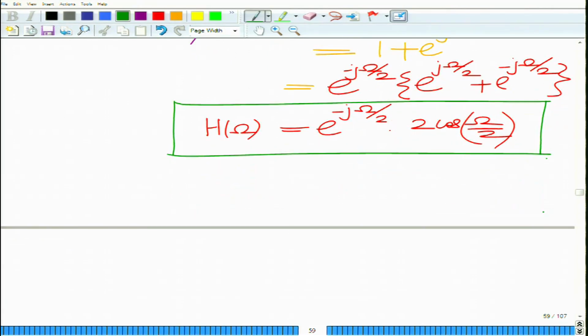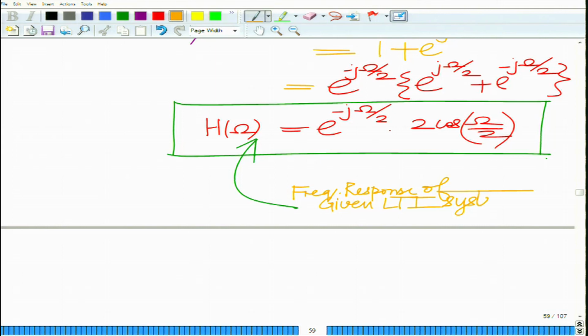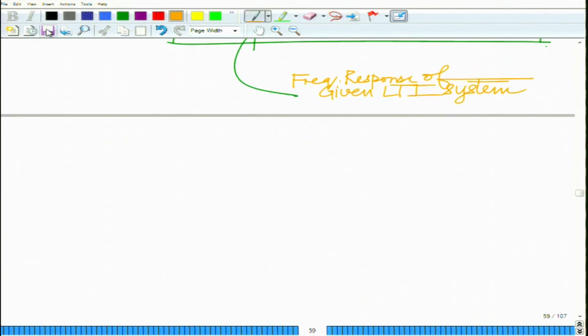In fact, you can treat it as a filter. In fact, it will be a low pass filter, we will see that. So, this is the frequency response of the given LTI system. Okay.